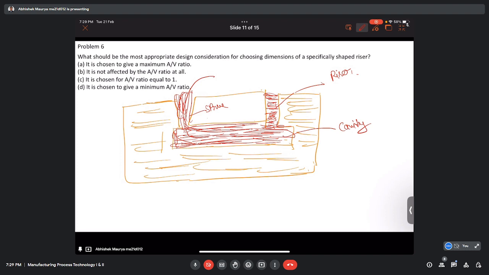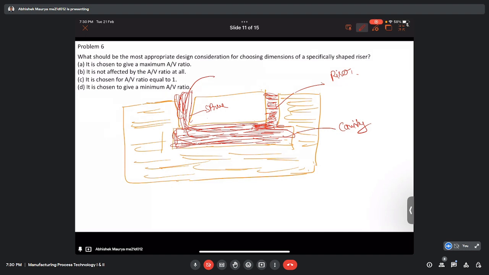So if we do not provide that much extra material for whatever volume shrinkage takes place during that time, then our casting size will be smaller than the desired one.